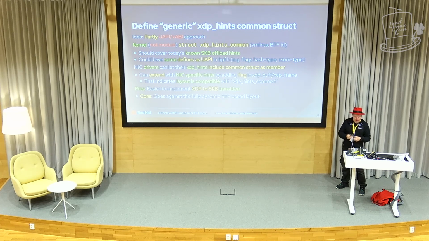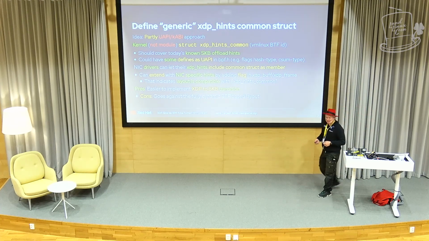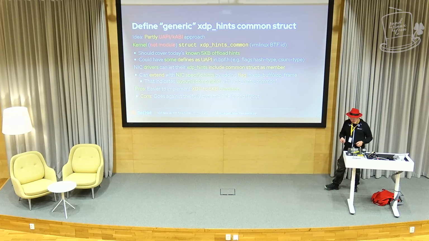The kernel could then trust that this is the common struct, and use that information to populate, for example, the SKB when creating it. But it does go against the fully dynamic BTF world, where we can just create new layouts as every driver sees fit. Sometimes it's also good to standardize a little bit.